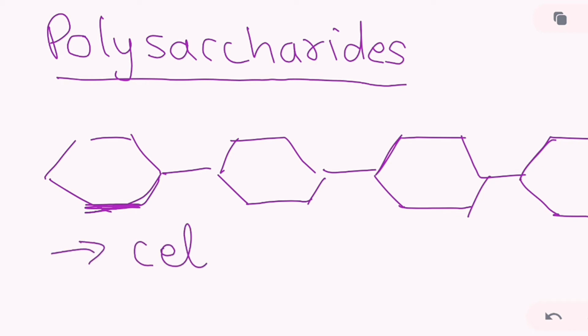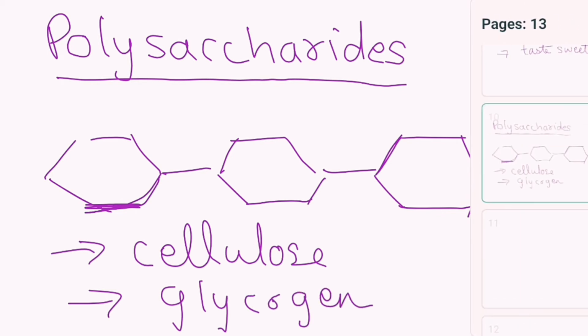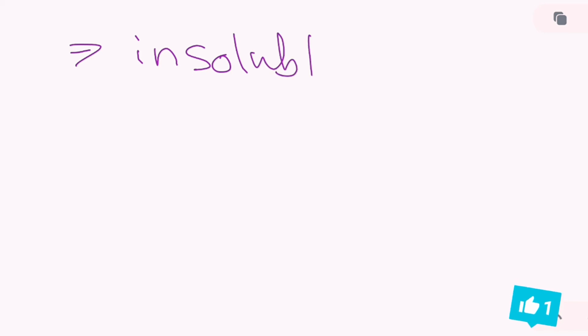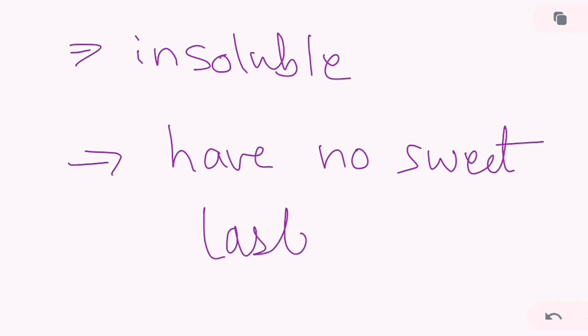Examples would be cellulose, which is present in plant cell walls, and glycogen, which is in human bodies or animals. Polysaccharides, however, are insoluble, they do not dissolve in water, and they have no sweet taste.